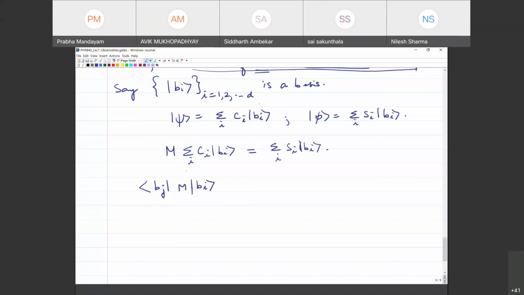Now this can be obtained by just taking this inner product here. So what I want to say is when I take this inner product here, I get something like this: sum over i, Ci of this is Sj, right?